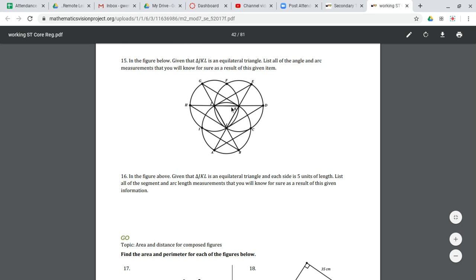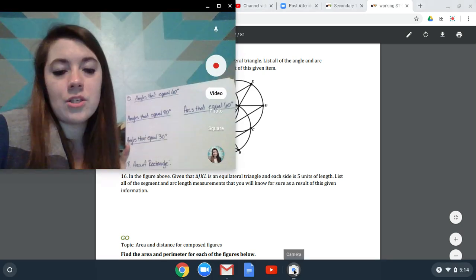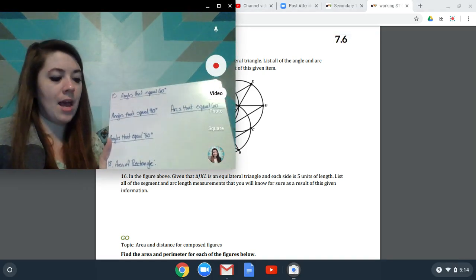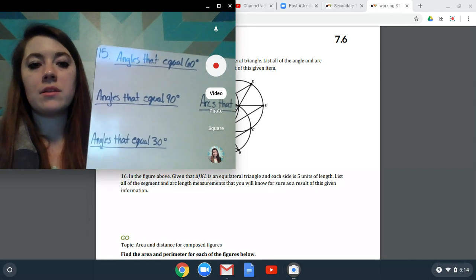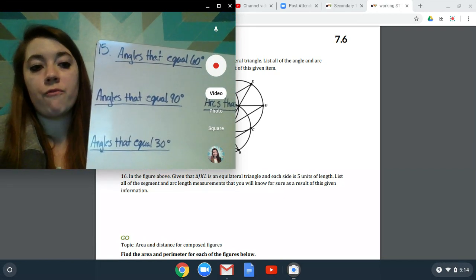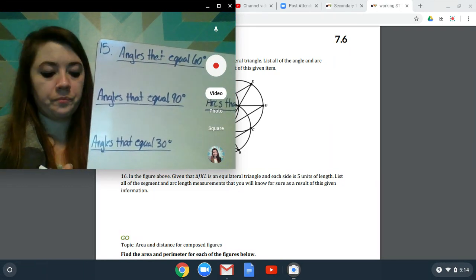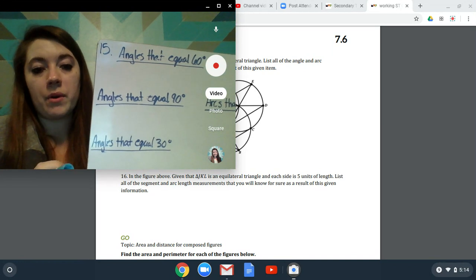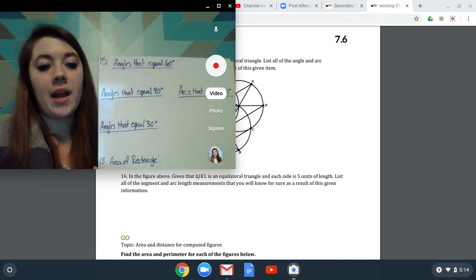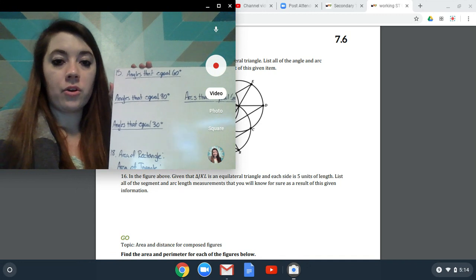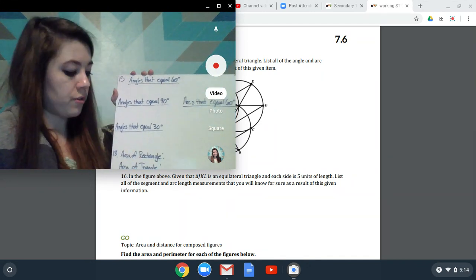So because this is an equilateral triangle, that means all 3 of those angles there are 60 degrees. So we're going to go ahead and list out those 3 angles as angles that equal 60. So we have 4 different measures that we're going to be stating things for, but we're going to have a lot of different angles and arcs underneath each of these.